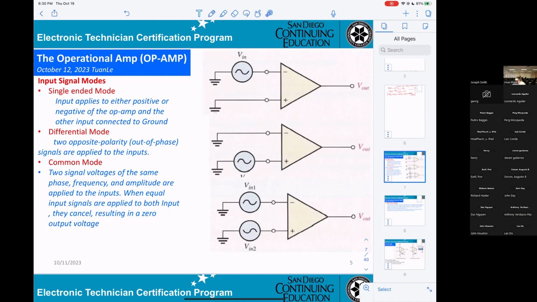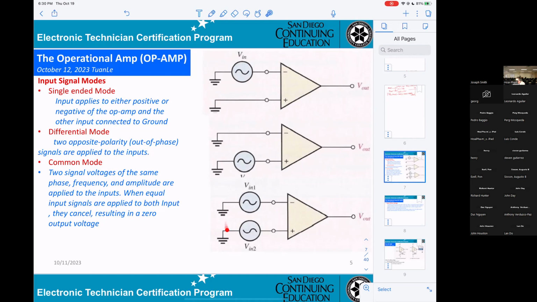You can see the signal here. Input signal mode, single ended mode. What that means? You apply only one input, the other grounded. That's single ended. Input applied to either positive or negative of the op amp, and the other input connected to the ground. That will be single ended. Differential mode, okay.